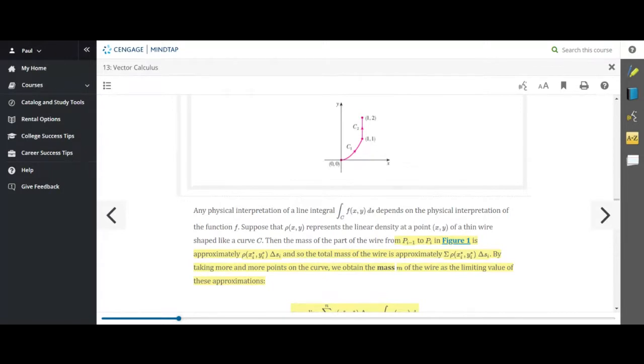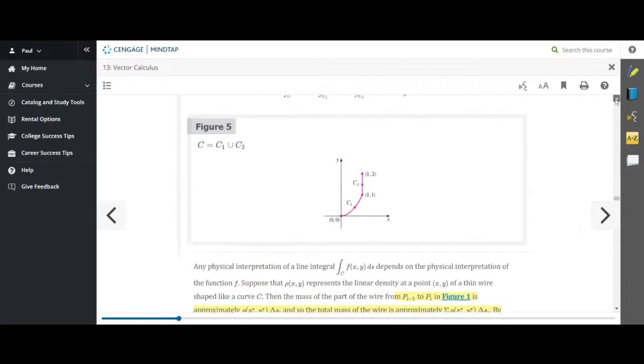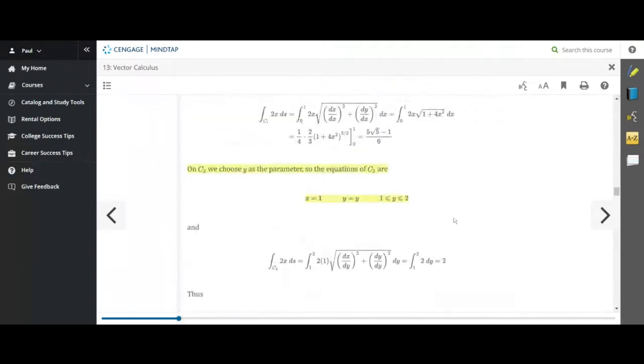For this one, you have to come up with the parameterization. They say, let x equal 1 because it's a vertical line. So the x coordinate is going to be 1 for all the points, and y will equal y, and y goes from 1 to 2.